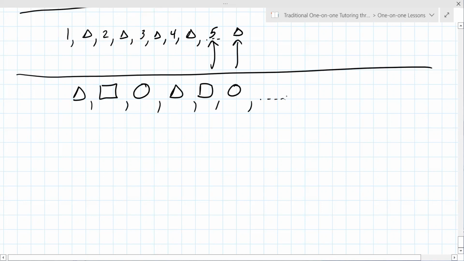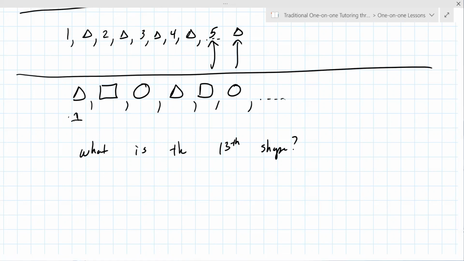Now this is kind of your quiz question. What is the 13th shape? Just to be clear, it starts at 1. So then you'd go 2, 3, 4, 5, 6.